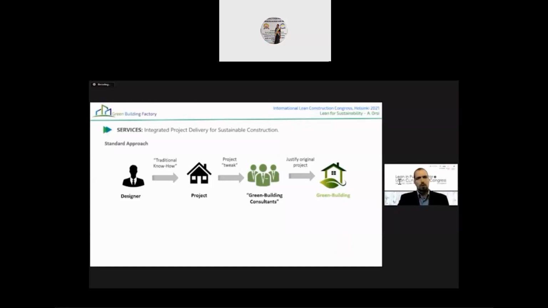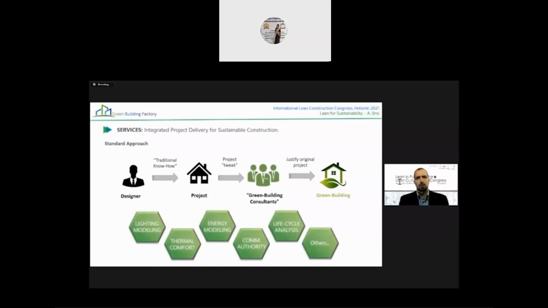And this happens generally, or at least for the vast majority of projects that we see, for different types of services, like energy modeling, life cycle analysis, commissioning authority, thermal comfort modeling, and all.